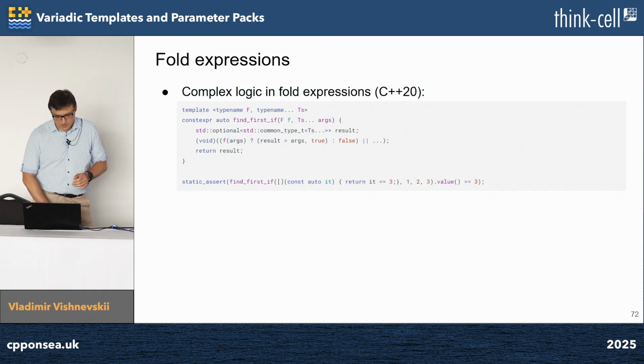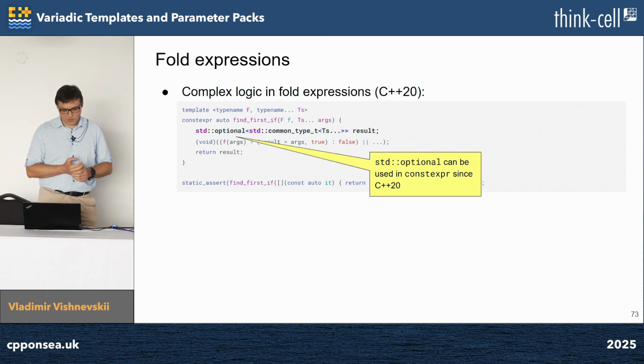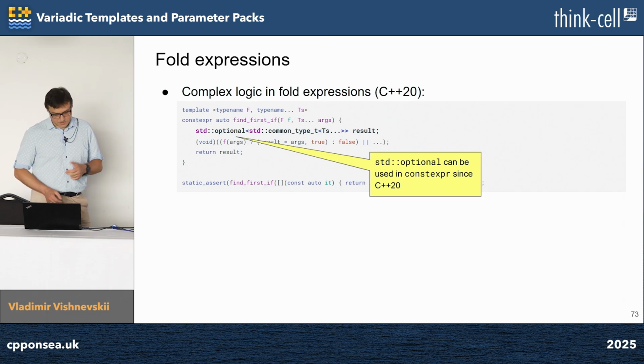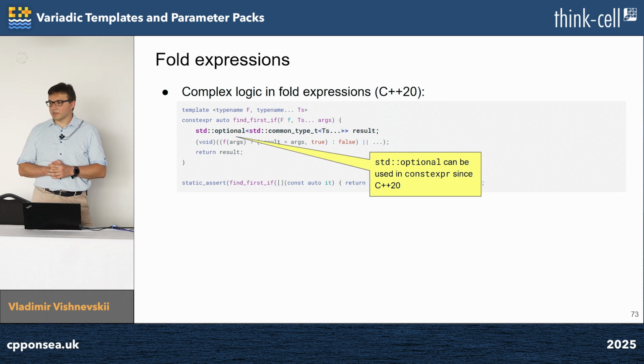What is interesting, starting from C++20, we also have even optional that can be used as a constant expression, so we can have a more reasonable interface here and also avoid the requirement that it should be default initializable. Yeah, so we can use optional and return it in exactly the same way as we did before. Quite important that we have quite many facilities that are now available in constant expressions, and they should not be neglected.